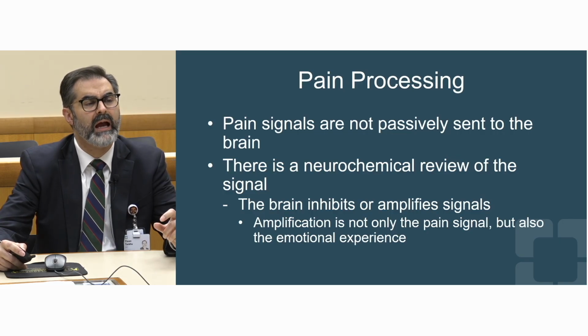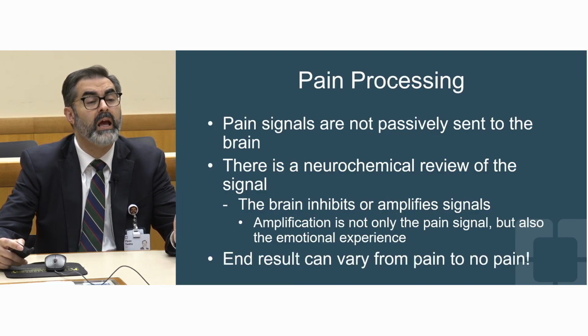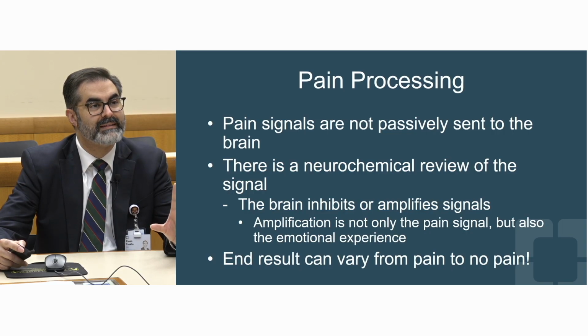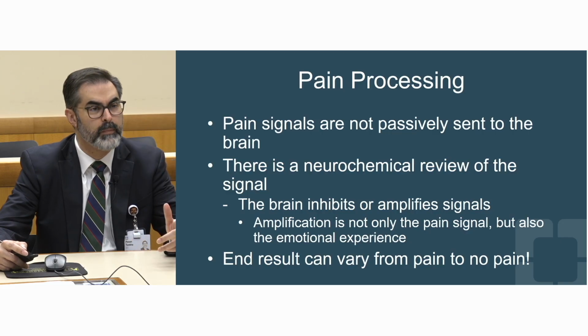And so at the end of this complicated neurochemical review at the level of the spinal cord, you could either feel no pain or anything in between. And so this is important because we'll talk about shortly a couple different medications and how they work. If we can in some way interfere with the pain signaling process, we can reduce pain. And there are a number of ways we can do that.